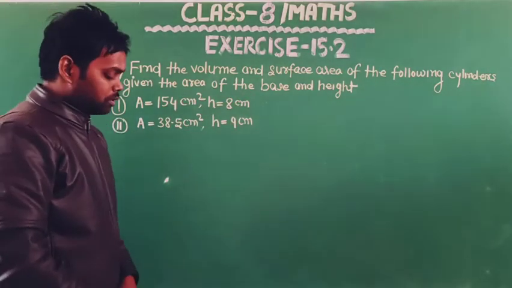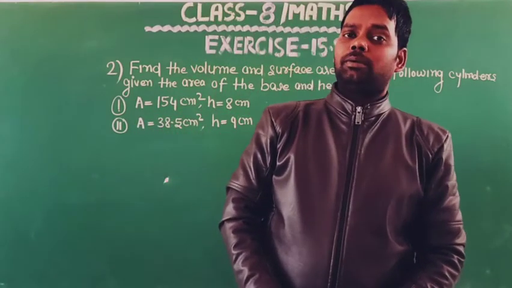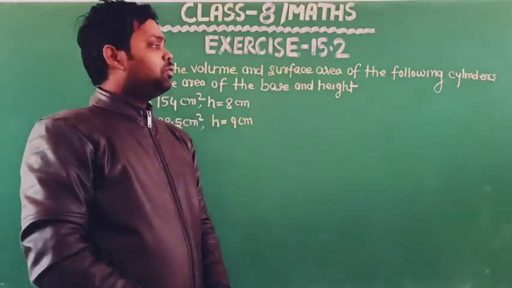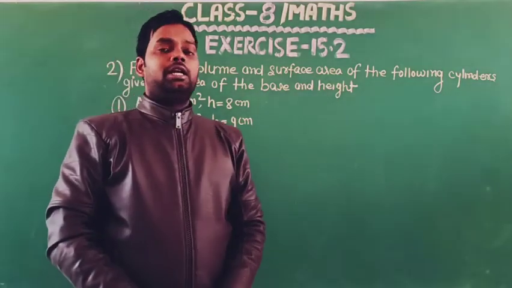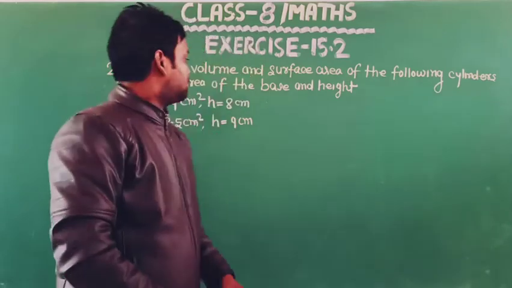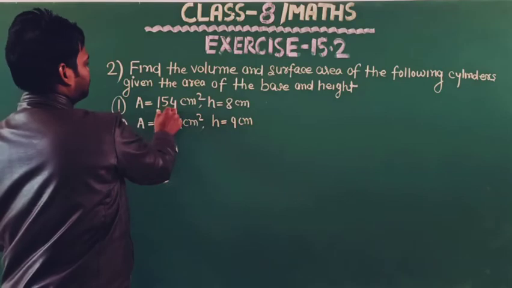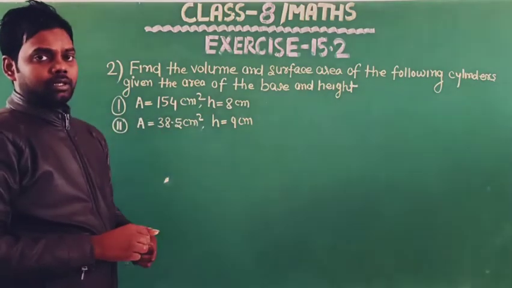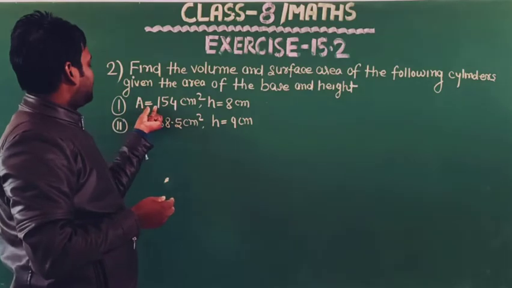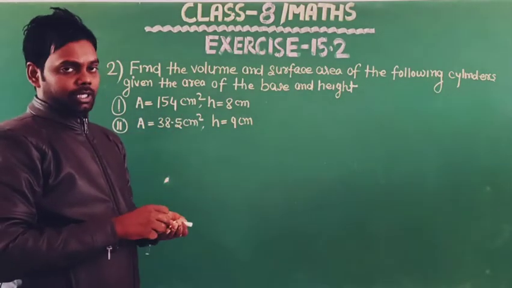Okay, so dear children, in this question we have to find the volume and surface area of a cylinder whose area of the circular base and height are given to us. The first part: area of the circular base A equals 154 centimeter square and height equals 8 centimeter.